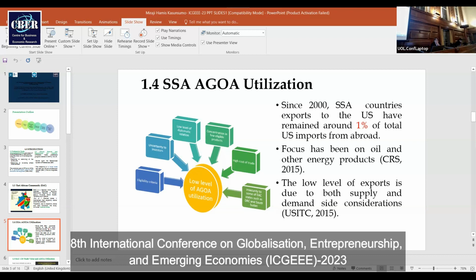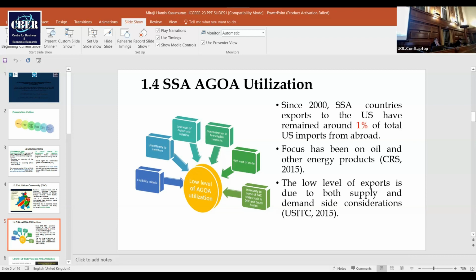This is due to both supply and demand side factors. On the demand side, we are talking about issues like competition on the US market.